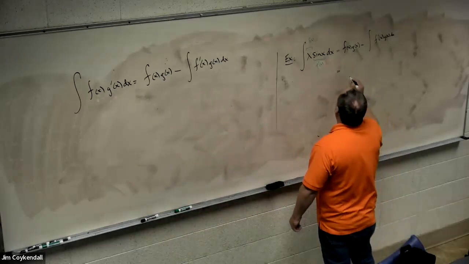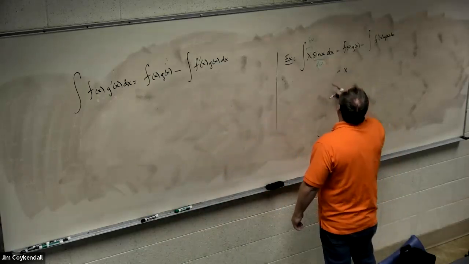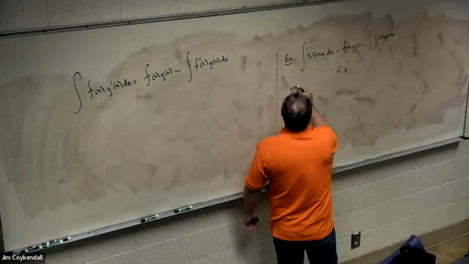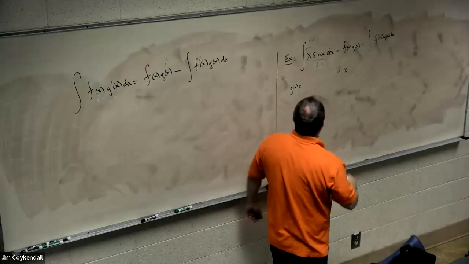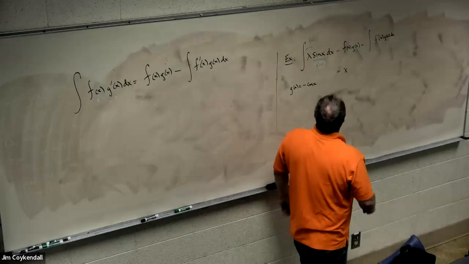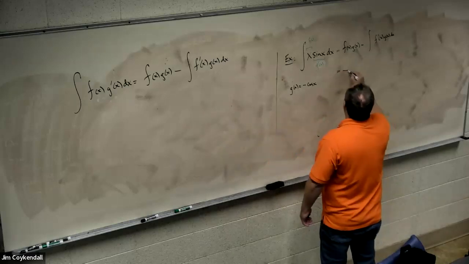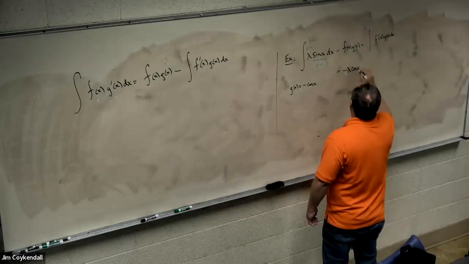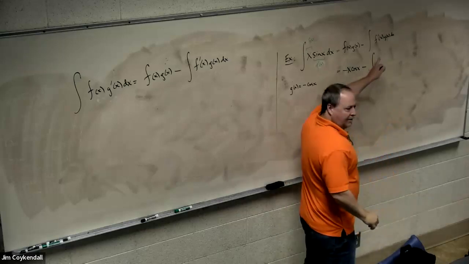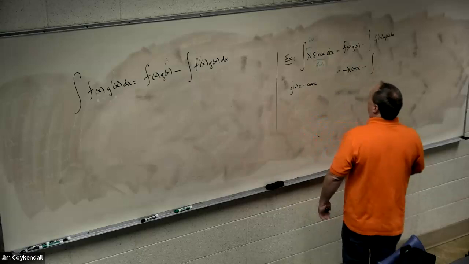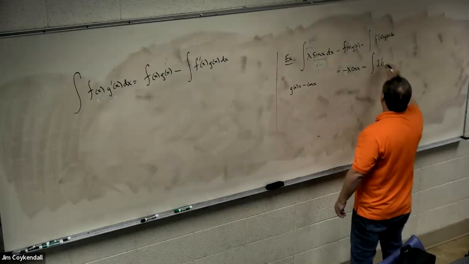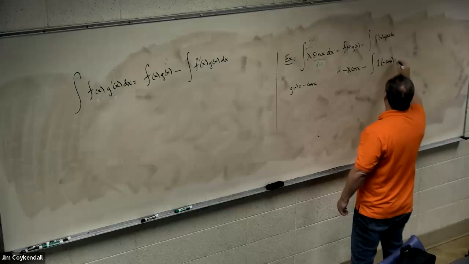f of x is x. Oh, by the way, if g prime of x is sine x, then g of x is negative cosine x, we won't worry about constants here. So this is negative x cosine x minus, what's f prime of x? 1. And g of x is negative cosine x.